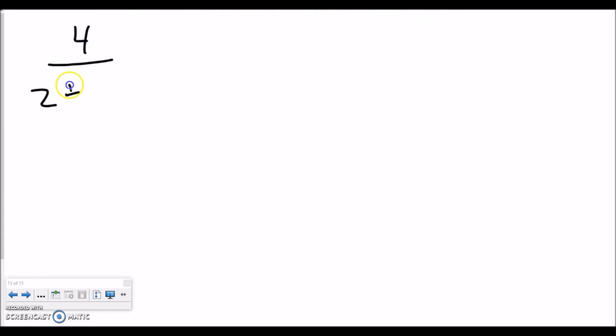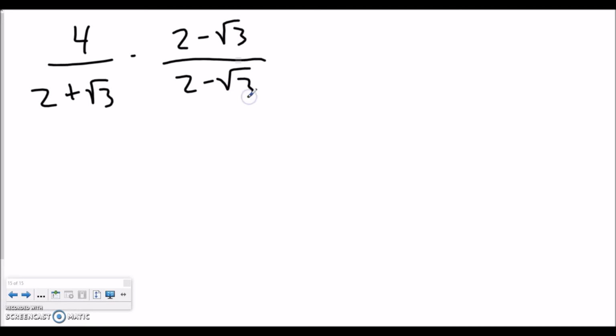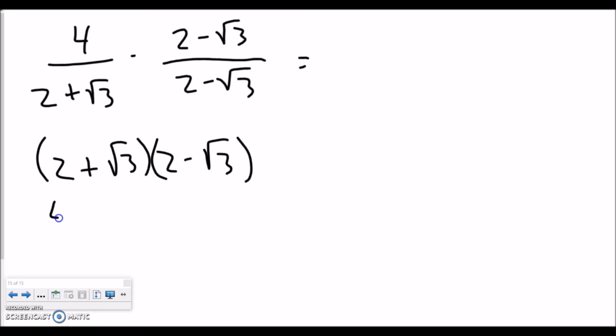4 over 2 plus square root of 3. We're going to multiply by the conjugate, which means we'll change that add to subtract. Off to the side, we're going to have to do some FOIL. First is 4, outer, inner, last.